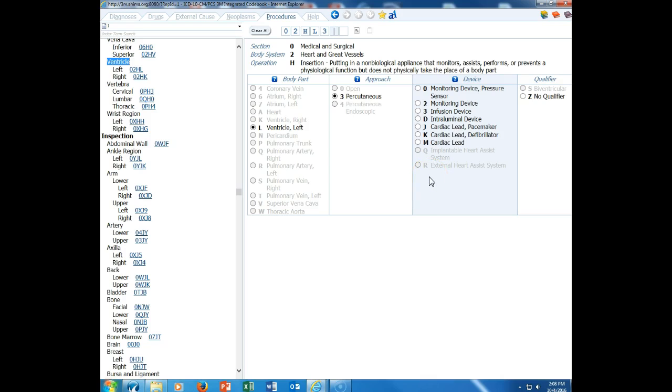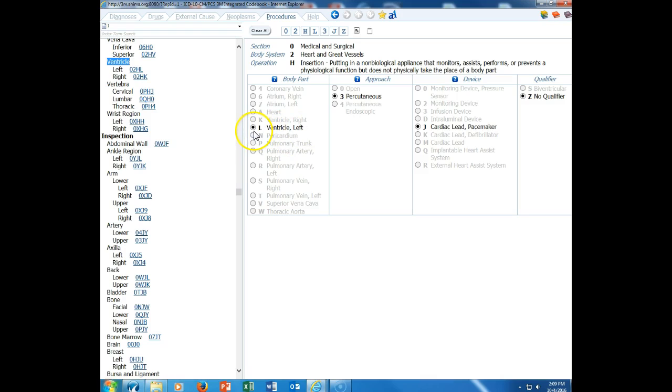And this is a cardiac lead pacemaker, and there's no qualifier. So this is the code for the insertion of the lead into the left ventricle.